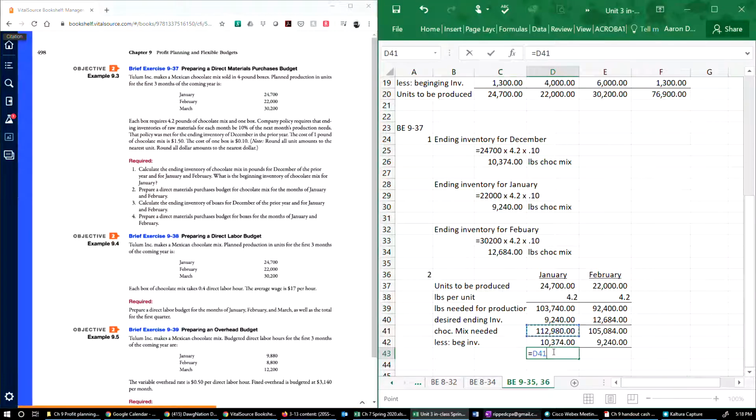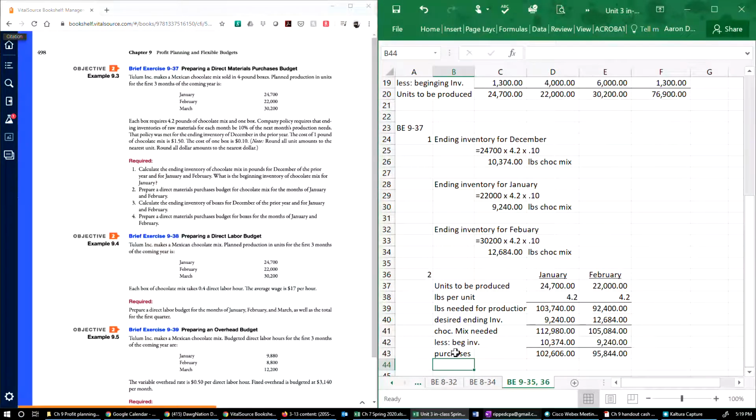So we'll back this out. And that gives us the amount of chocolate mix that needs to be purchased by this company.